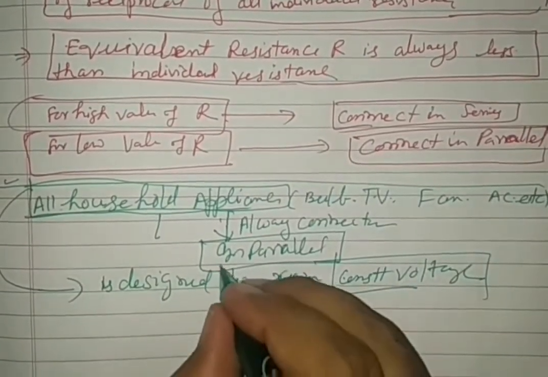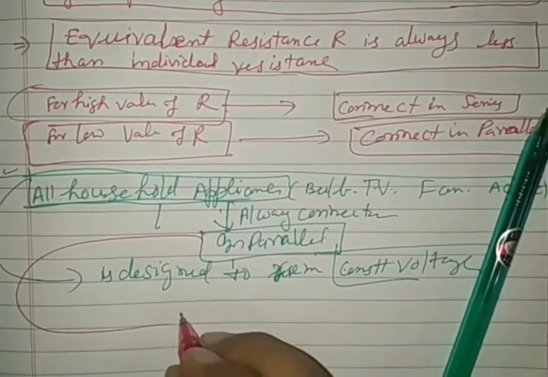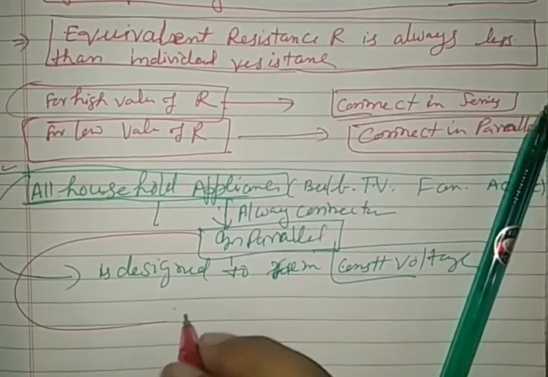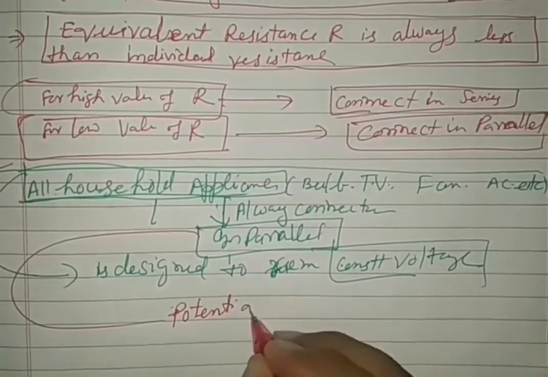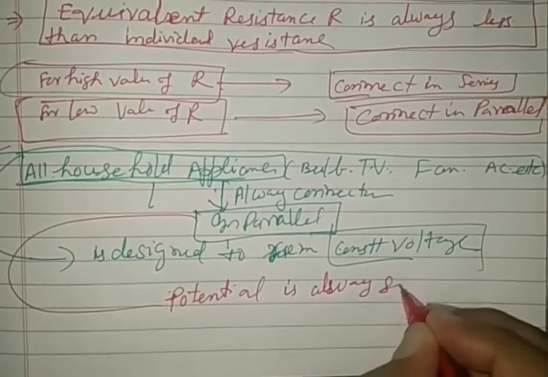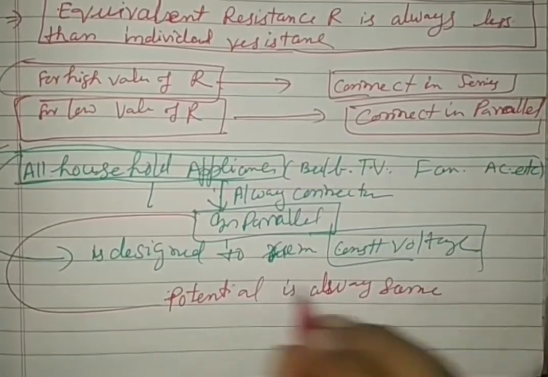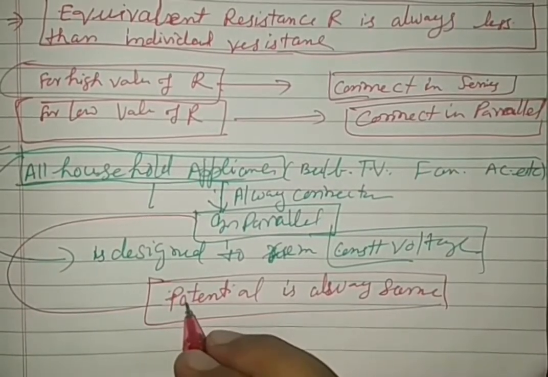In a parallel combination, the potential is always the same. There is no division of potential. It is a current divider, not a potential divider.